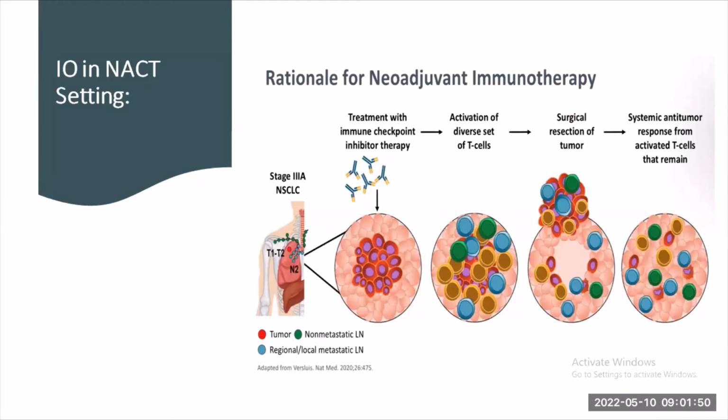So that promotes T cell mediated immunity. After the activation of a diverse set of T cells, if we do the surgery, these T cells will go into systemic circulation and then will provide us systemic anti-tumor activity. As we all know, after surgery, the majority of recurrences are at distant sites only.